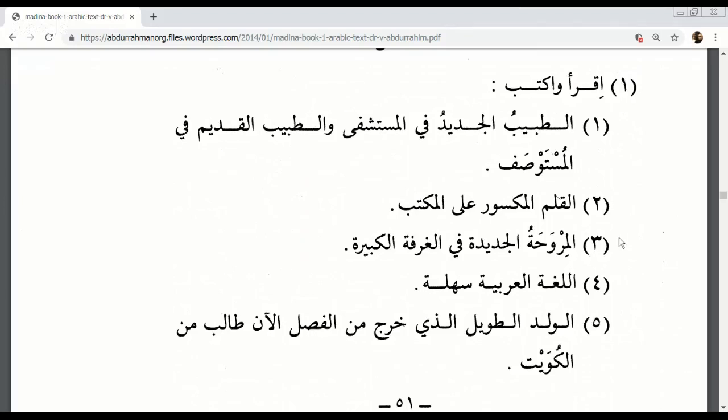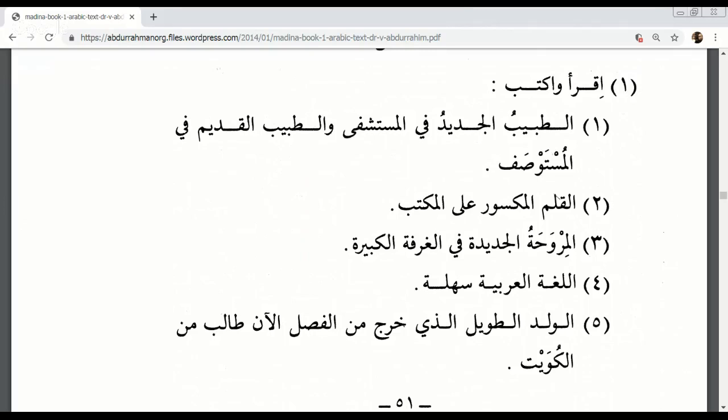Shopna, next line. I'll try. المروحة الجديدة في الغرفة. Good. Don't forget the fi is harf jar. في الغرفة الكبيرة.